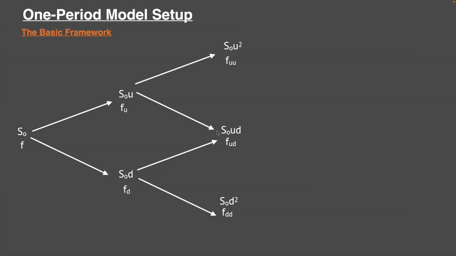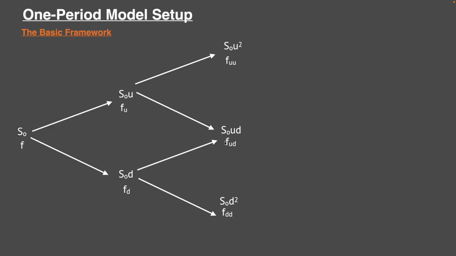However, when S0 into U comes down, it becomes S0 into U into D. Suppose U is 1.1 and D is 0.9; then S0 gets multiplied by 1.1 into 0.9, while in the up-up case S0 gets multiplied by 1.1 into 1.1. At the S0 into D node, there are again two possibilities.